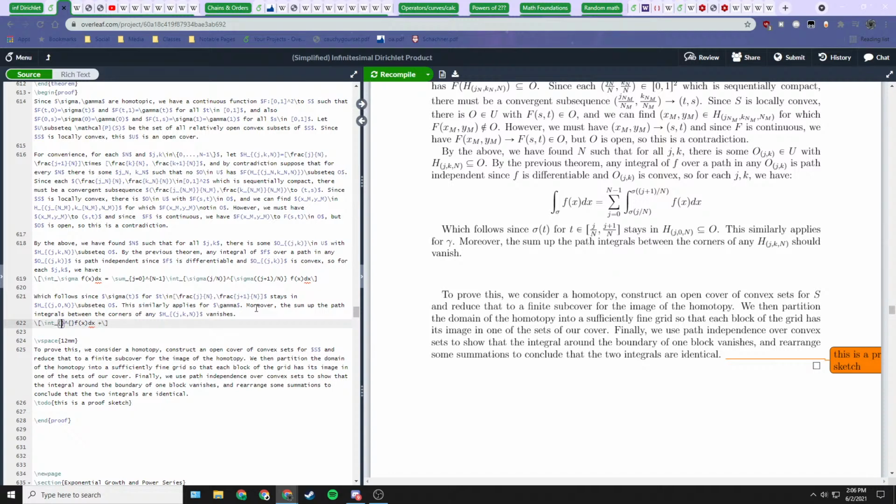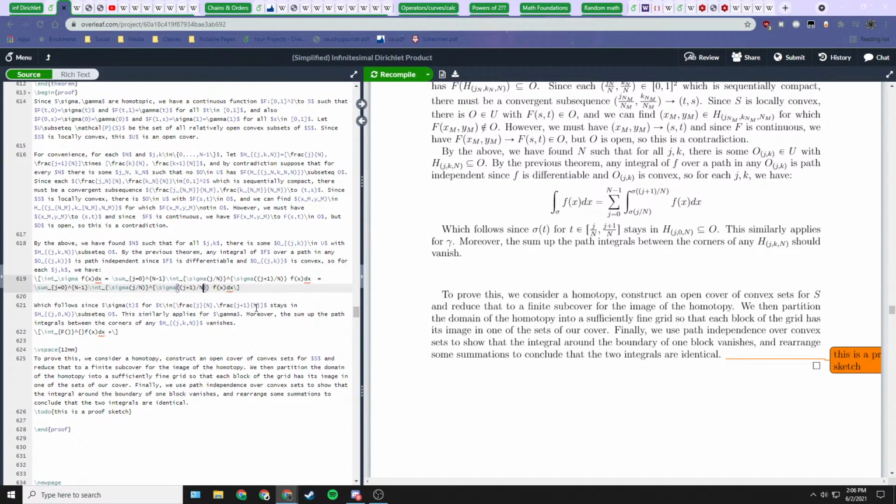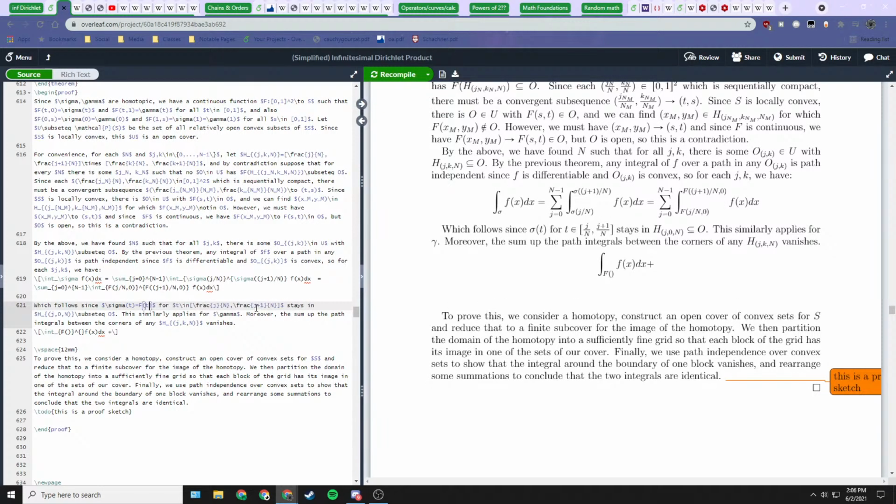So the points will be f of something. Oh yeah, let's actually do that up here. Instead of doing sigma, we'll do f. So we'll do f of j over n, 0, f of j plus 1 over n, 0, sigma t equals f of t, 0.